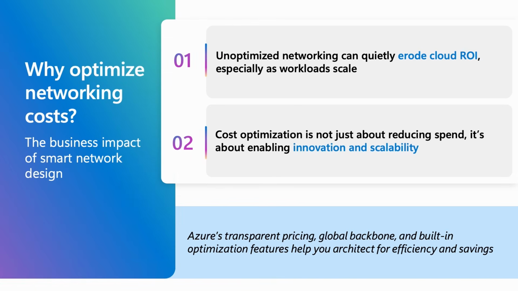Networking costs can be subtle and yet significant at scale. As cloud architectures grow, costs related to data movement can accumulate, especially across regions or out to the internet. Poorly optimized networking can reduce your return on investment, or ROI, especially as workloads scale. Even with efficient compute and storage, ignoring network traffic patterns may lead to missed cost savings.